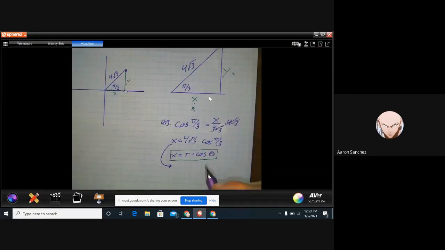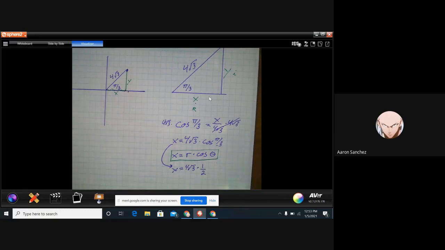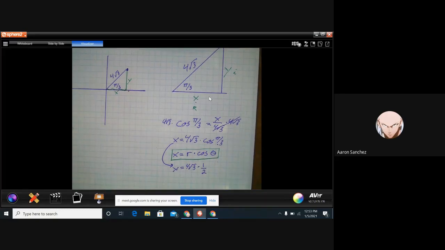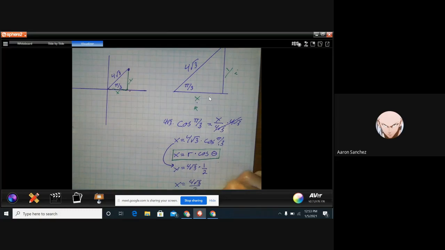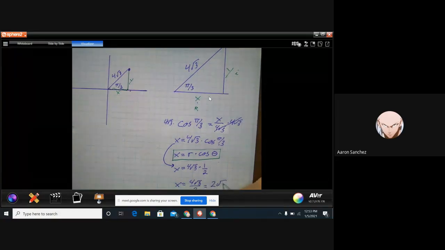So now I can rewrite this as x equals 4 root 3 times cosine pi over 3, which is 1/2. And now we can solve it. My x coordinate is 4 root 3 divided by 2, which equals 2 root 3. That is my x coordinate.